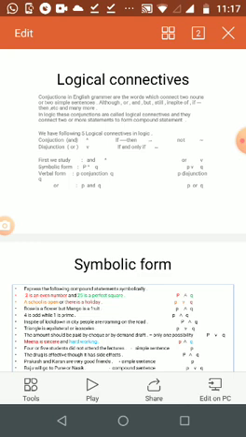Now in today's session we are going to study compound statements. That is compound sentences. In English grammar, you have studied compound sentences.